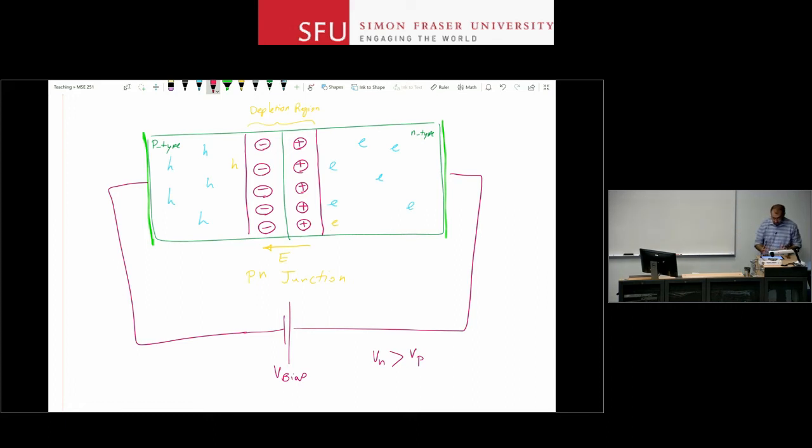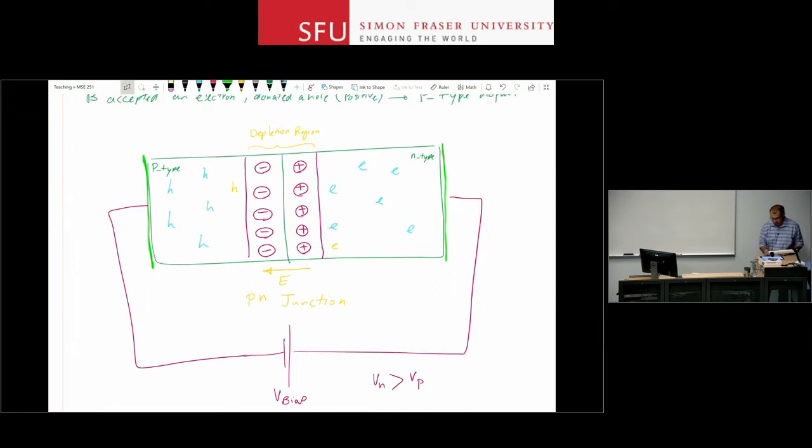If I apply a voltage in this configuration, you know that within a conductor or semiconductor or even an insulator, you're going to create a field from this end to this end. The value of this field is proportional to the voltage difference and maybe the dimensions of the piece of material, right? So you're creating an external field here.